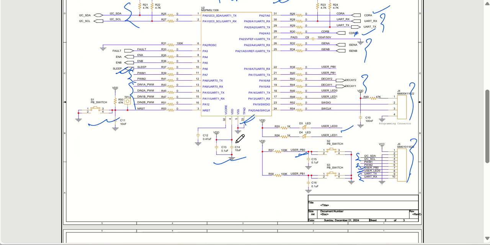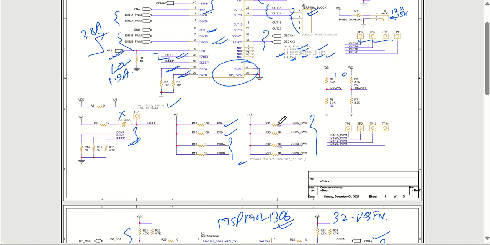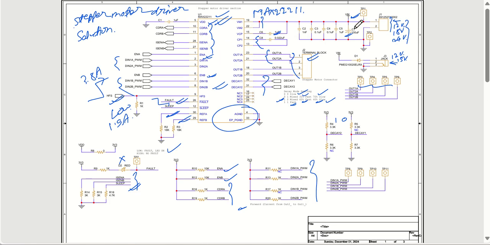Now let's get back to the power supply requirement, because we know VDD is needed, which is my 3.3 volt. So 3.3 volt is needed somehow. What I have done is use the same power supply, which is VM. VM can be as high as, let us say, 24 volt or even 30 volt. So in that case I need to have some regulator which can withstand that value.